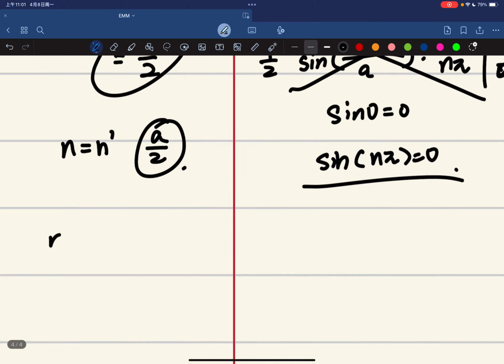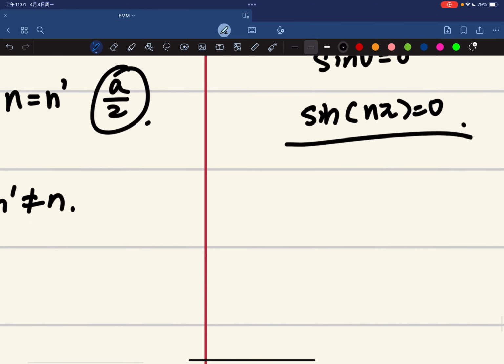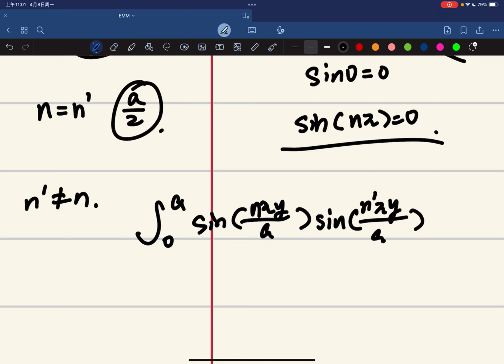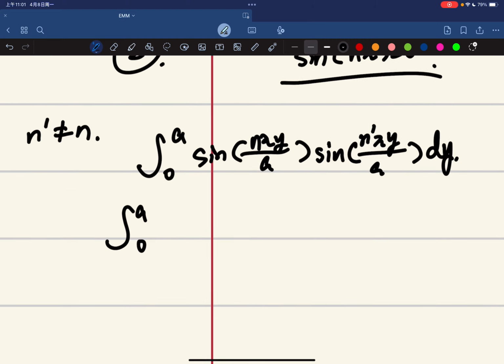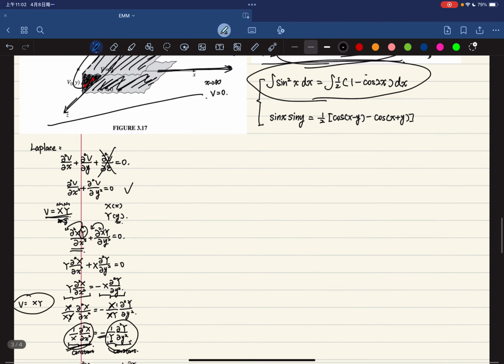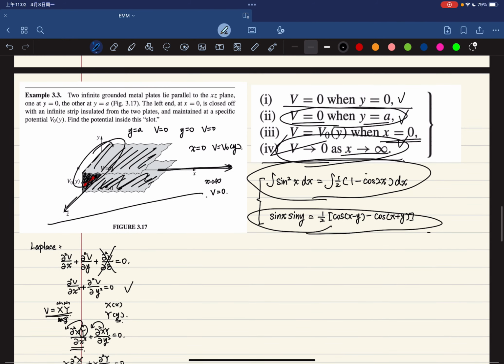How about when n prime doesn't equal n? So now let's look at this equation. Now I cannot use this trick because they're not equal. But I can use the cosine and cosine transform, which is this rule.